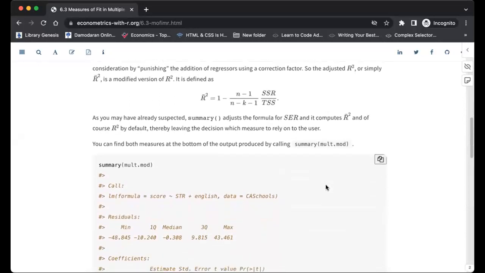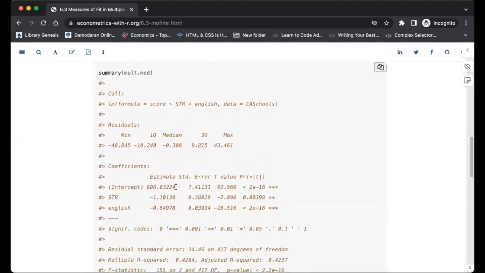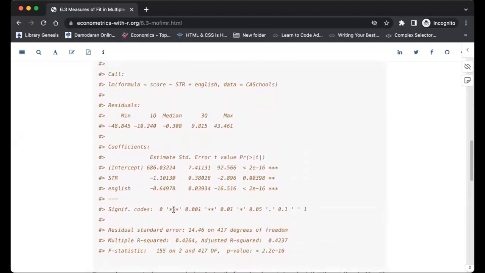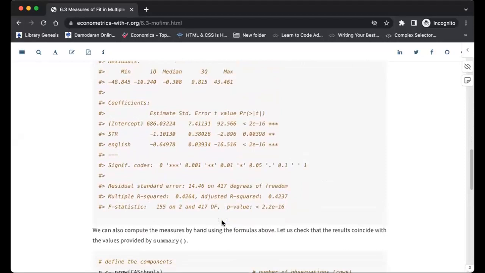Like in the previous multiple regression model, when we use the summary, these are the outputs we get. And these are the significance codes, the significance stars, sorry. So we have the R squared and then the adjusted R squared.